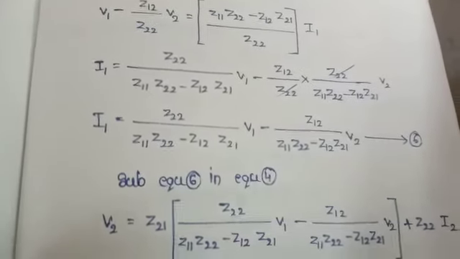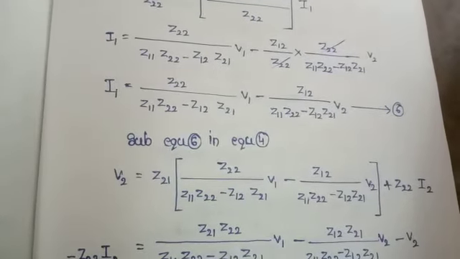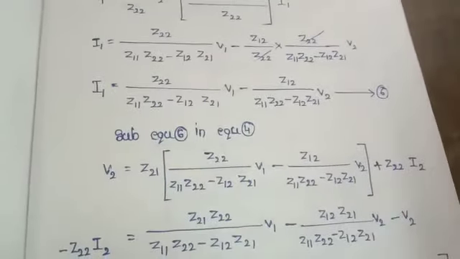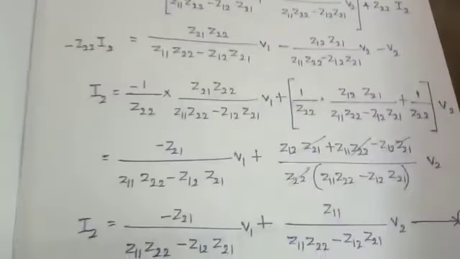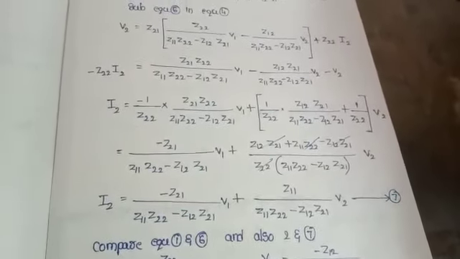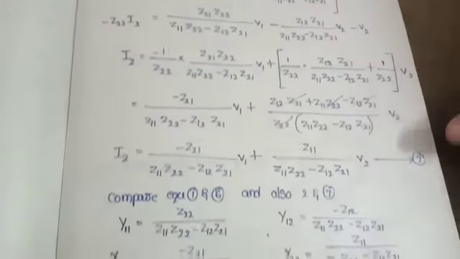Now substituting equation 6 in equation 4, we are getting the I2 value. So I2 equal to minus z21 by delta z v1 plus z11 by delta z v2, that is termed as equation 7.